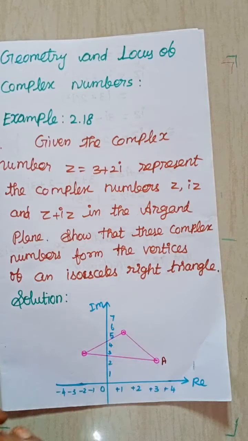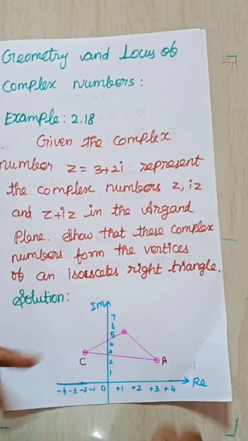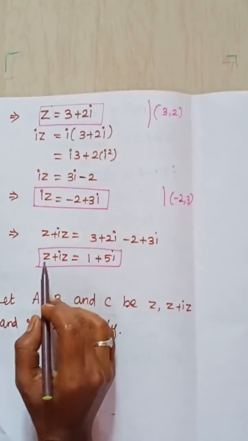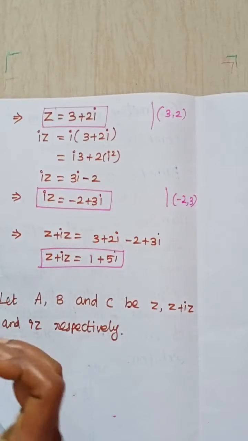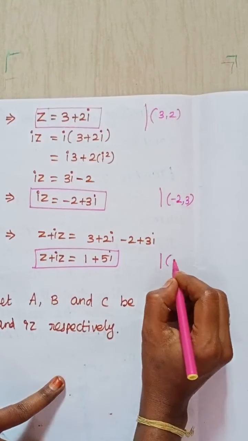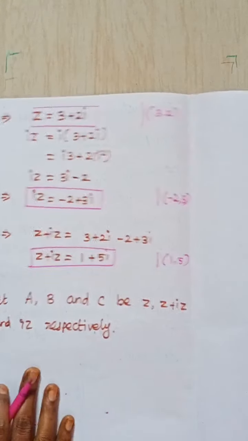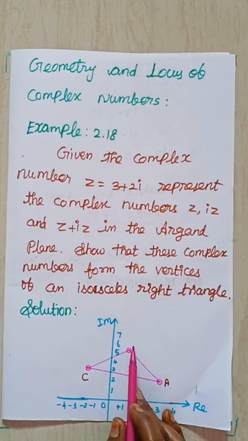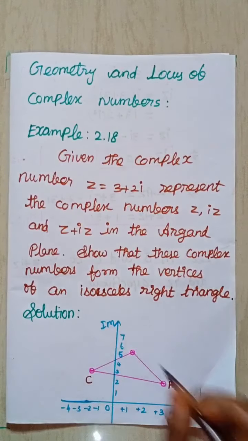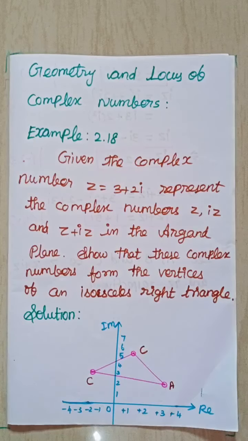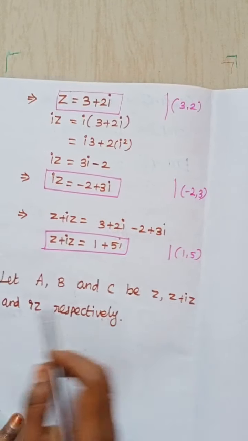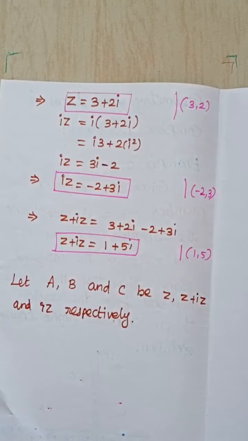So here take it as C. And then z plus iz is 1 plus 5i. It can be written as the ordered pair (1, 5), so x-axis 1 and y-axis 5. So here take A, B, C as z, z plus iz and iz respectively.